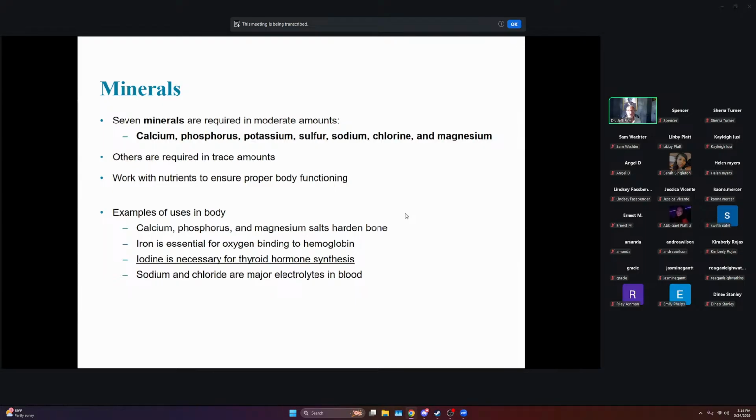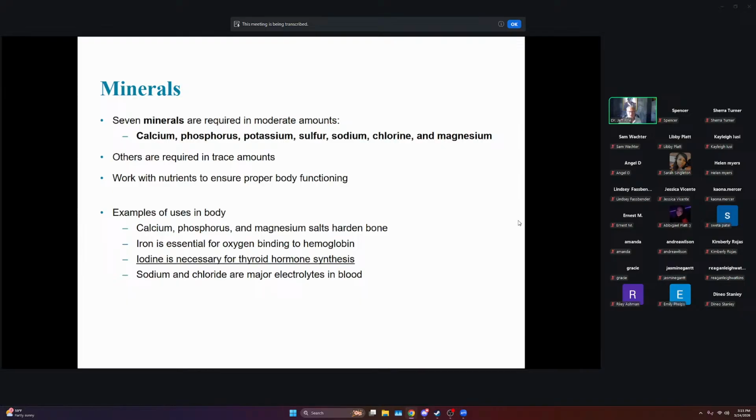There are others that are required, like zinc, things like aluminum, that we need only microscopic amounts of, but they're still valuable. And minerals like vitamins couple up and work with other nutrients to help them to function and to ensure our cells are functioning well.